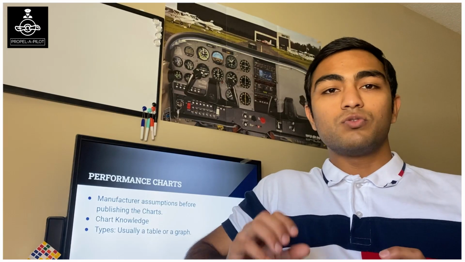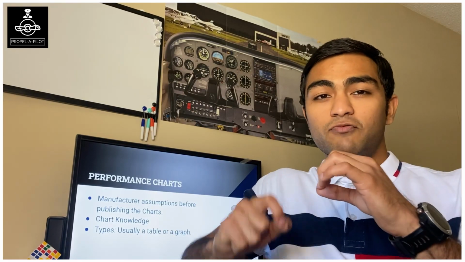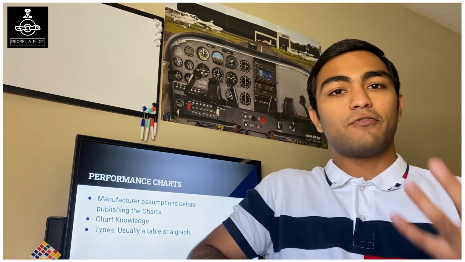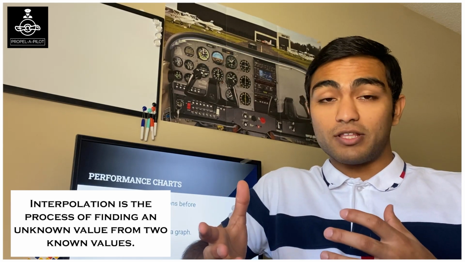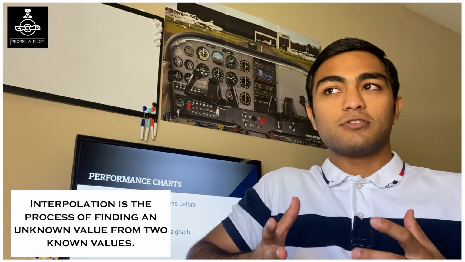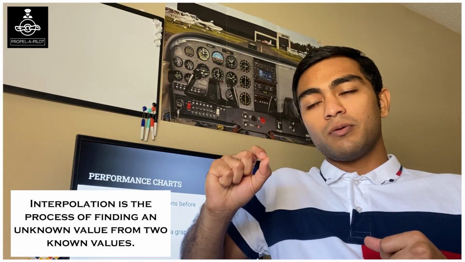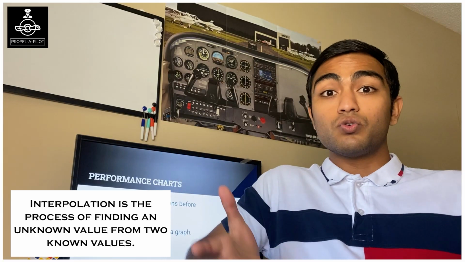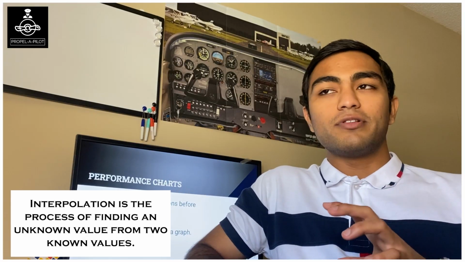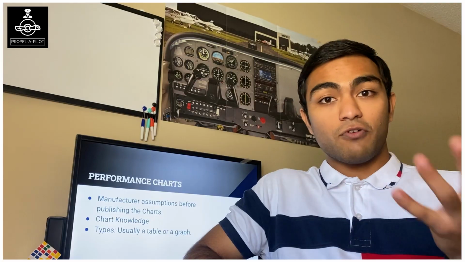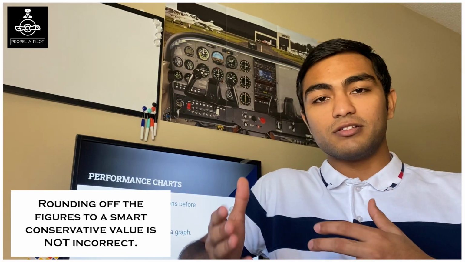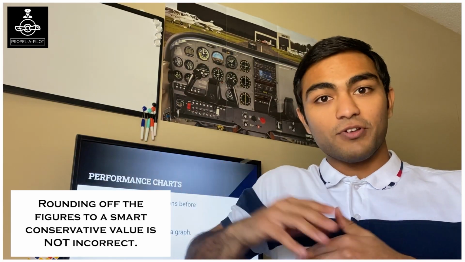Of course, you might not be able to get the information for each and every combination of temperature and pressure. You will have to perform interpolation for that. Interpolation is the process of finding an unknown value by using two known values. More often than not, pilots will round off the performance figures that they calculate from these tables to a more conservative figure.